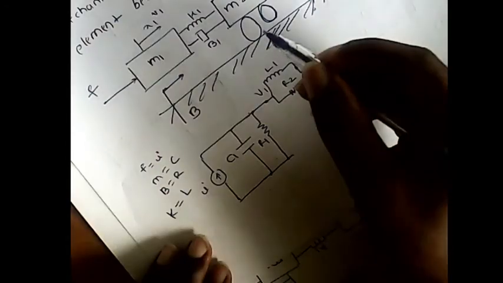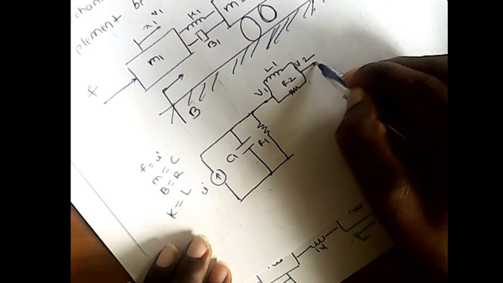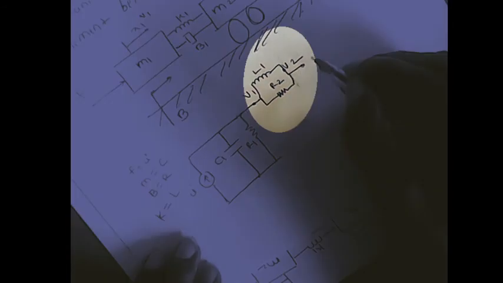Now the mass M2 is represented at node 2. The mass is mapped into a capacitor, that is C2.